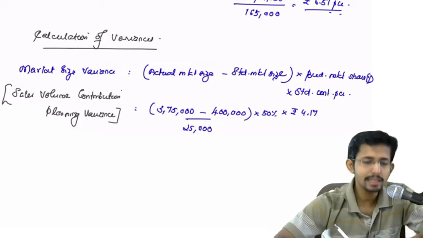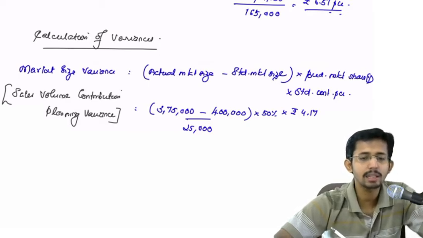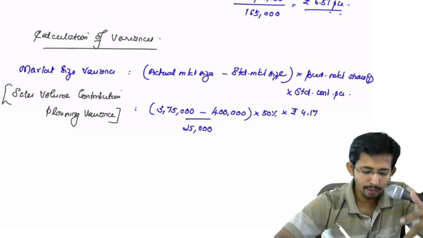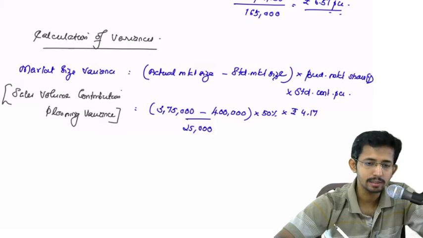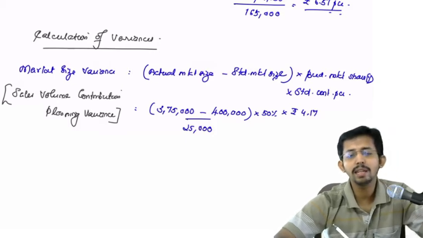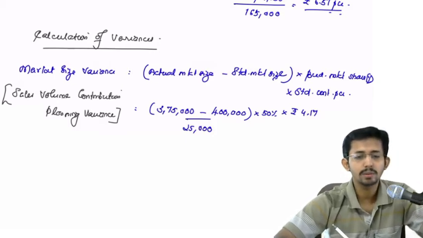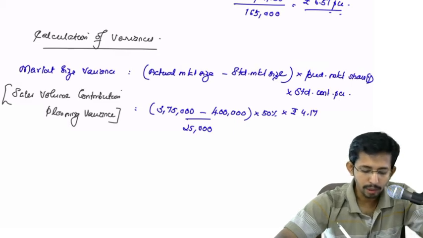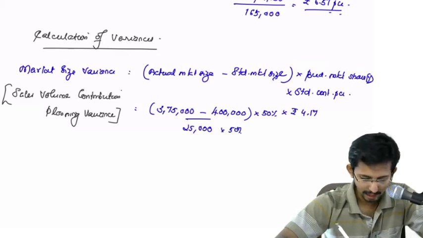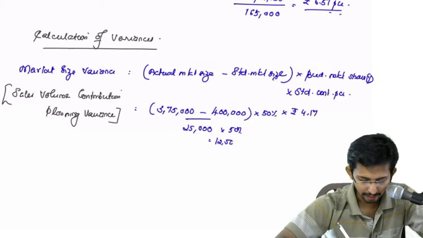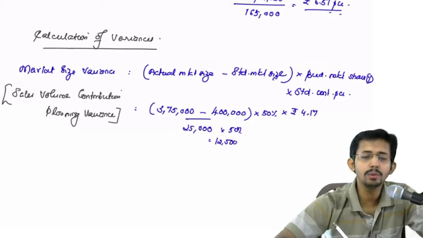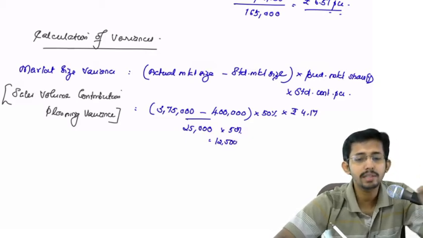When there is a fall of 25,000 in the expected market size, your expected market share is 50%, so 50% of that will be a fall in your sales quantity. 25,000 into 50% is 12,500. So a 12,500 unit fall will be there in your sales quantity.